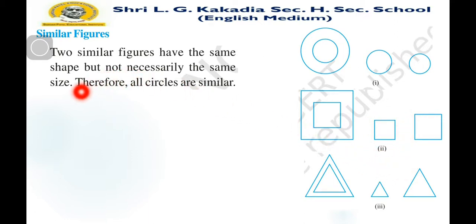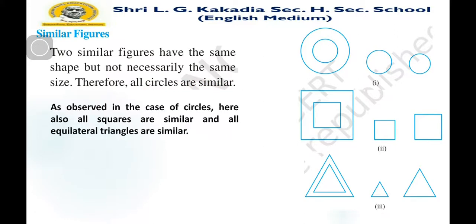So all circles are similar, all squares are similar, and all equilateral triangles are similar.